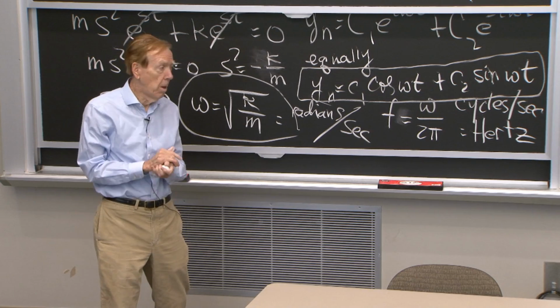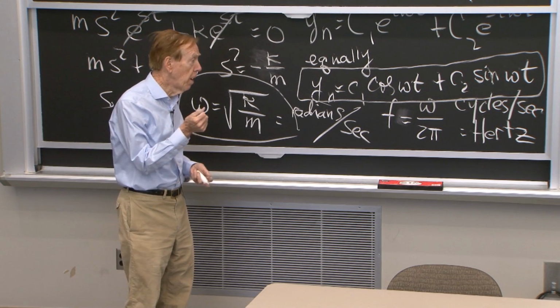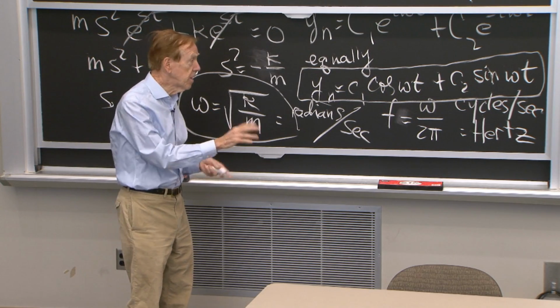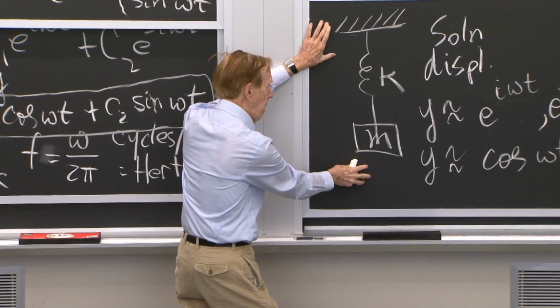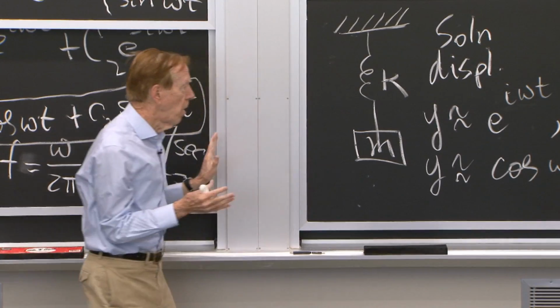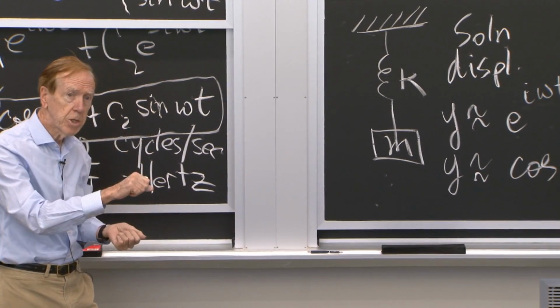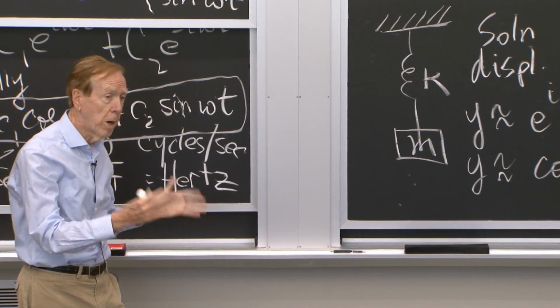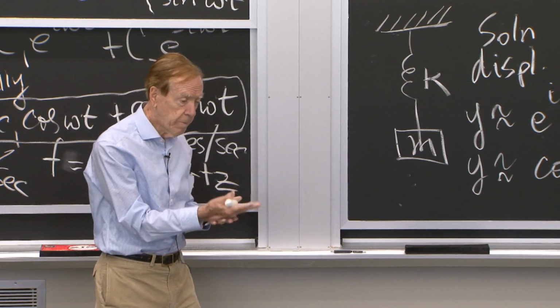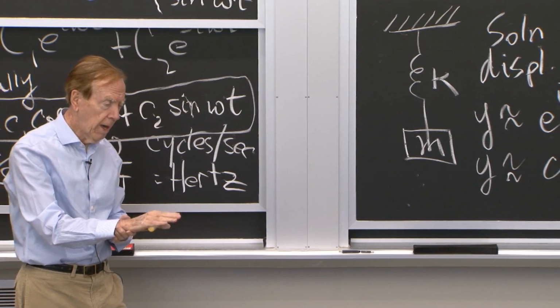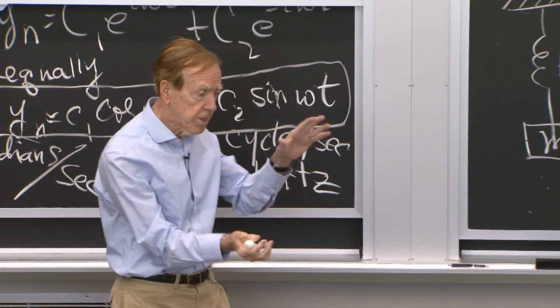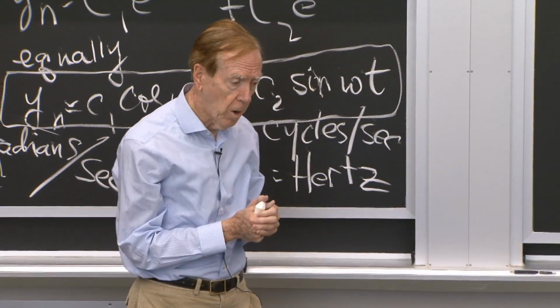Conditions plural, because we have an initial position, like I stretch it. Maybe I stretch the spring and then I let go. So by stretching it, I'm giving it an initial displacement, and 0 initial velocity because I stretched it and just let go.